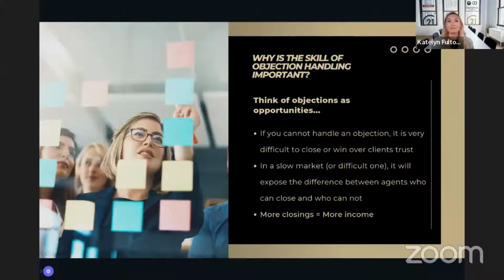Everyone wants to buy, everyone wants to sell. Now you're going to be hearing all those objections, like the interest rates are going up, prices are going down. You're going to be hearing this a lot, and these won't matter if you have some confidence in your abilities to get past those objections. So the more closings that you guys can get through, the more income.